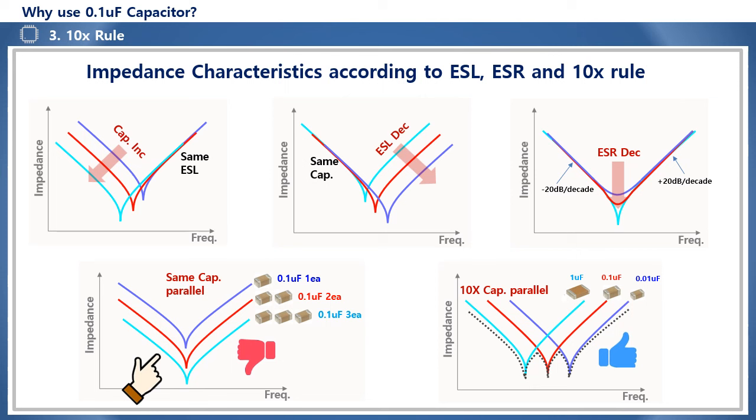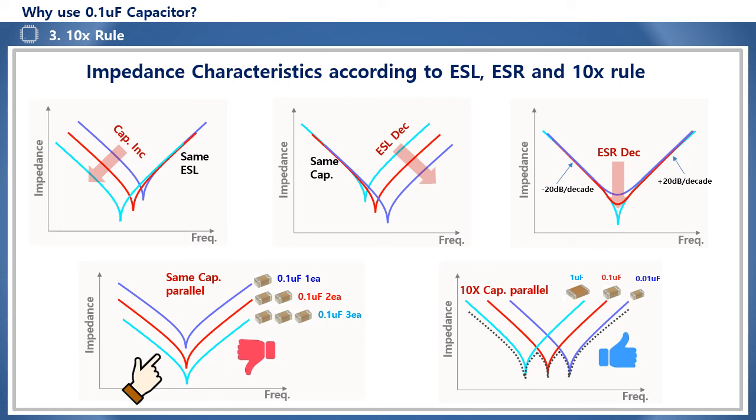Now, let's look at a case where multiple MLCCs are applied to increase the effect of low impedance. What happens if n MLCCs of the same 0.1 microfarad are connected in parallel? Equivalently, ESL decreases by 1/n, and capacitance increases by n times, so the resonant frequency SRF does not change according to the SRF relationship of 1/(2π√LC).